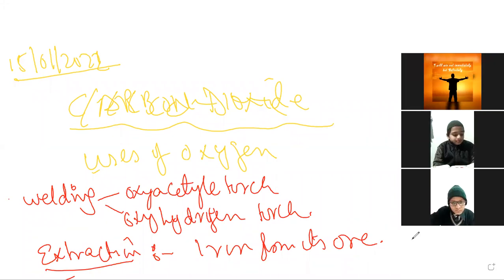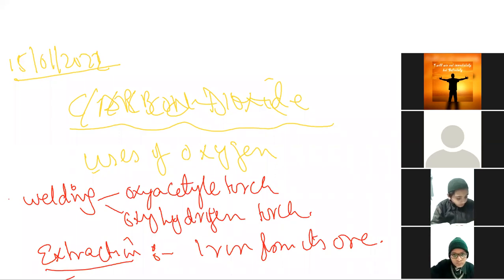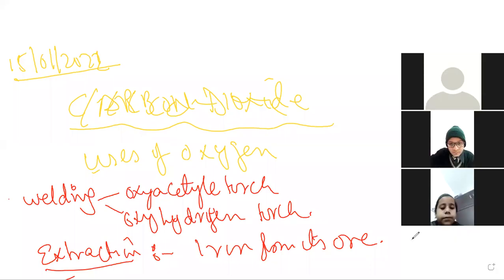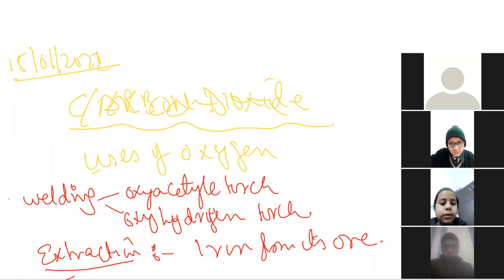Anam Ghalib, open your camera, Anam. Asas Ahmed beta, is it clear to you? Yes, sir. Anam Ghalib beta, open your camera, otherwise I remove you. Okay, Anam Ghalib, I'm writing your name, you're not opening the camera.